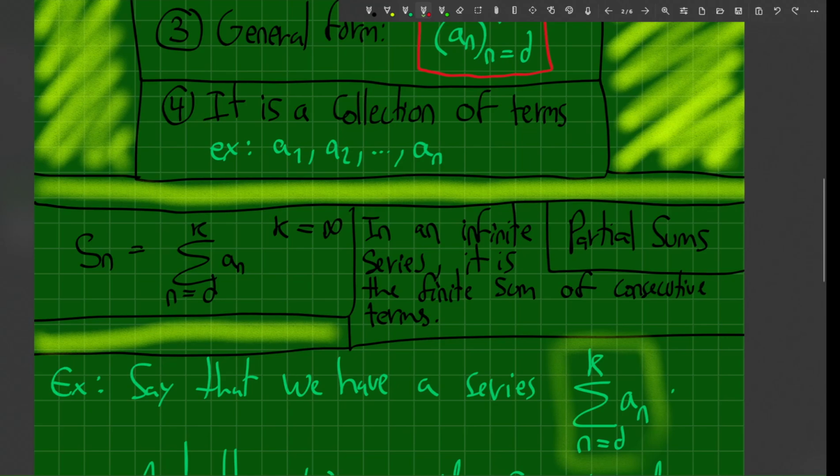So partial sums is having an infinite series and studying a finite set within this infinite range that begins in D, right? So n equals D, and then goes to n, etc., infinite.